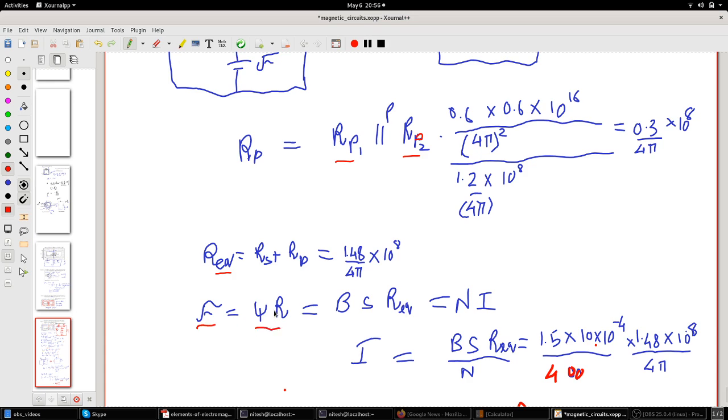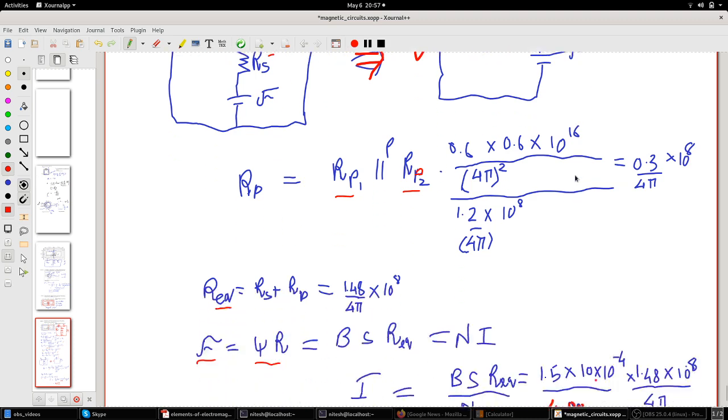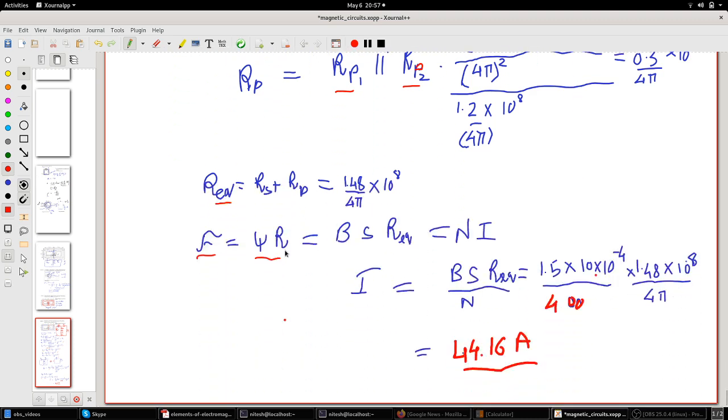So this is the equivalent reluctance, Rp plus Rs. The flux is given as B into S, cross sectional area. So B into S into R equivalent is equal to MMF. MMF is given as N into I. So the only unknown here is I. Rest everything will be known.